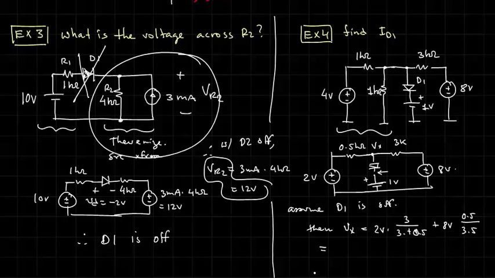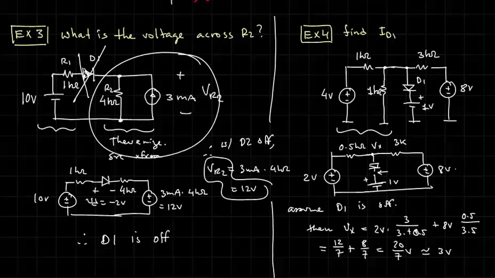That would be 6 over 7. 12 sevenths of a volt, plus that would be 8... no, I think I made a mistake here. No, that's right, 12 sevenths plus 8 sevenths, all right, so 20 sevenths of a volt, which is very approximately 3 volts, right?